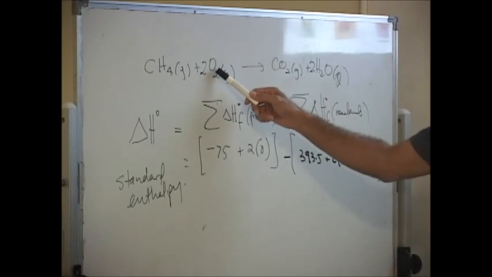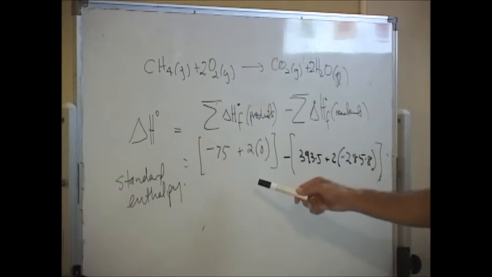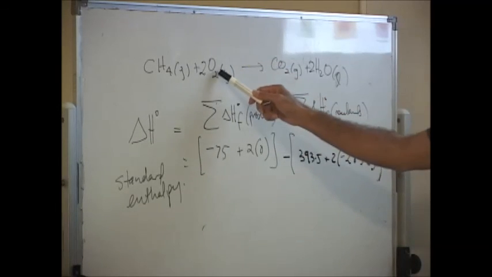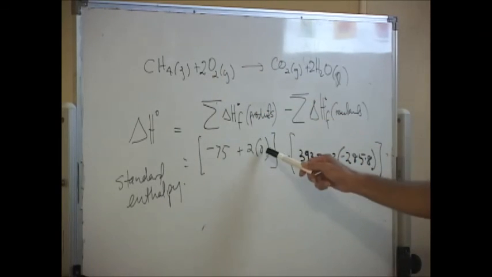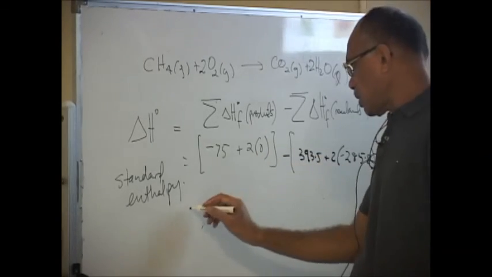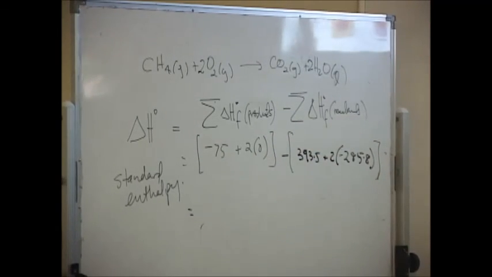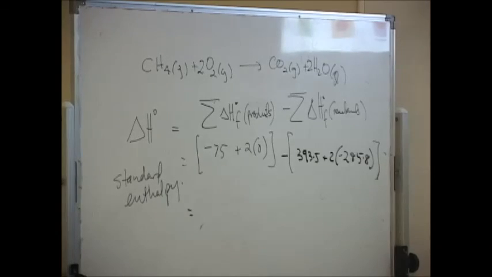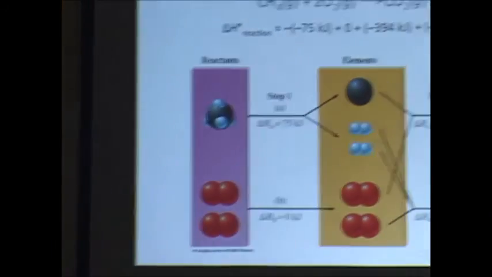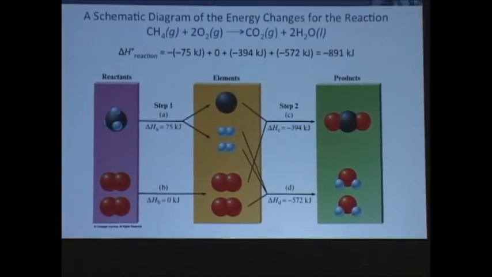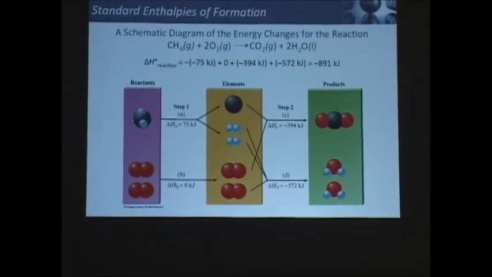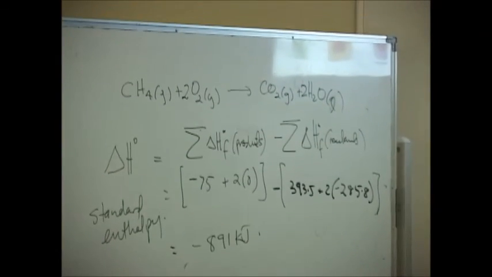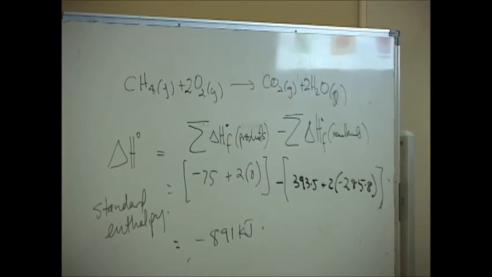And the heat of formation of a pure element, you see here pure element gas form at standard condition, standard pressure of 1 atmosphere and 25 degrees Celsius is 0, so that is 0. So now we can evaluate the enthalpy change, and that's what is based on the slide that we're looking at. And if we evaluate it, it comes to minus 891 kilojoules.